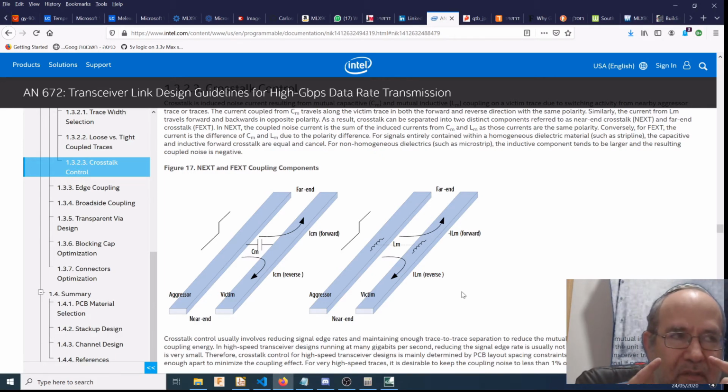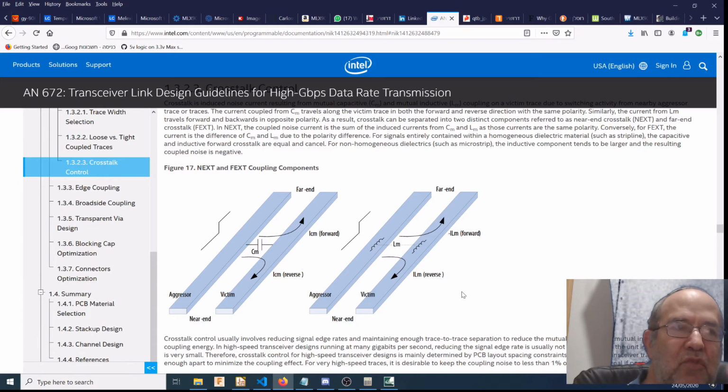Now, near end and far end. Your far end is generally a high impedance input, and your output is a low impedance. So we're going to have a voltage induced in the trace, and your voltage is going to separate in both directions.